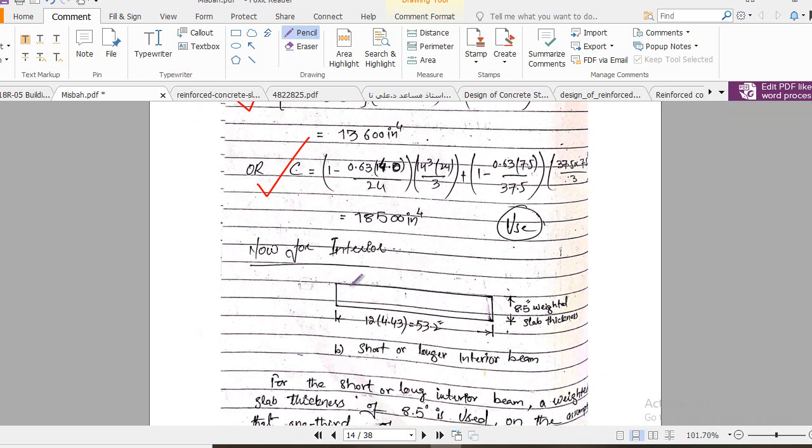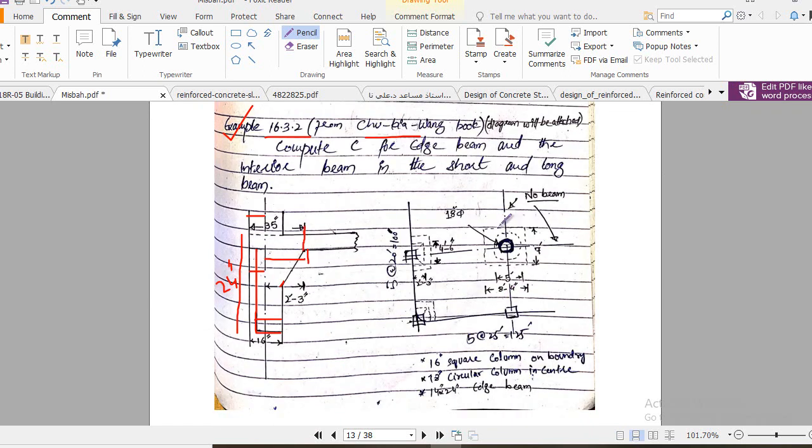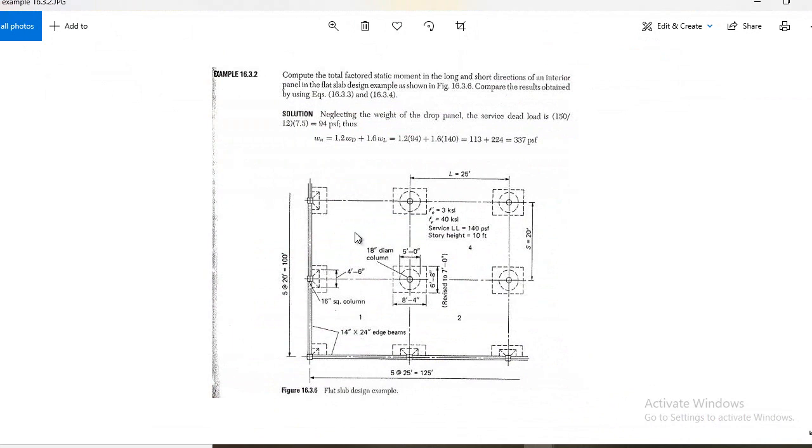Similarly, now for interior, we have also an interior. Remember, this is a little bit tricky. Okay, here they are using basically the thickness of the slab as 7 inch. I think in this example the slab thickness here is 7.5 or 7 inch.